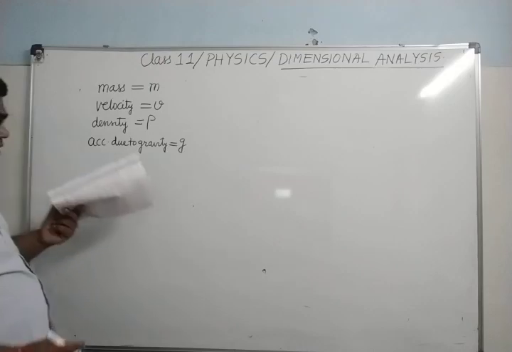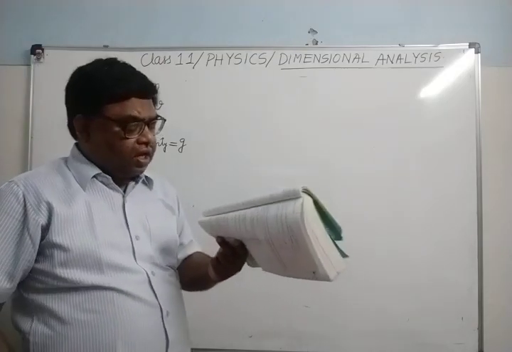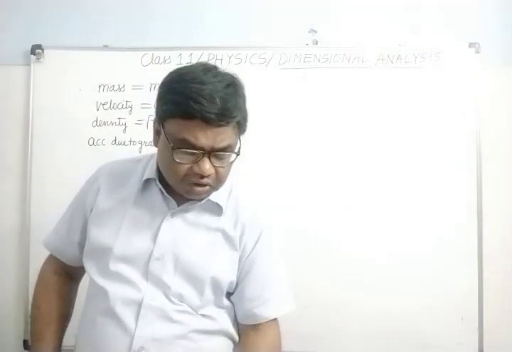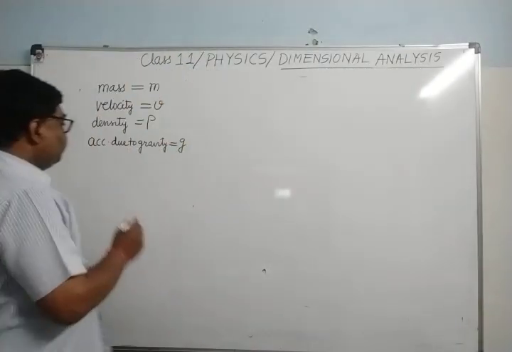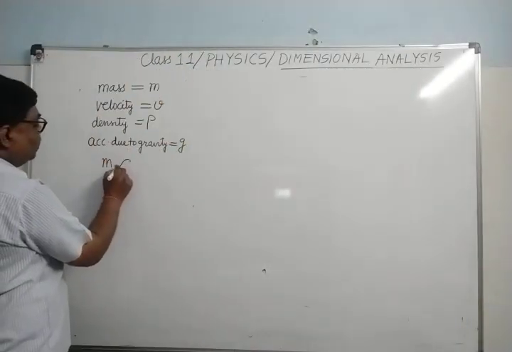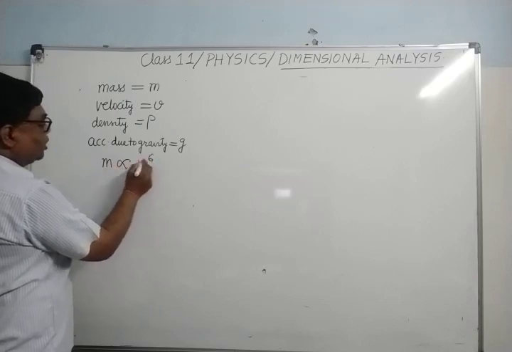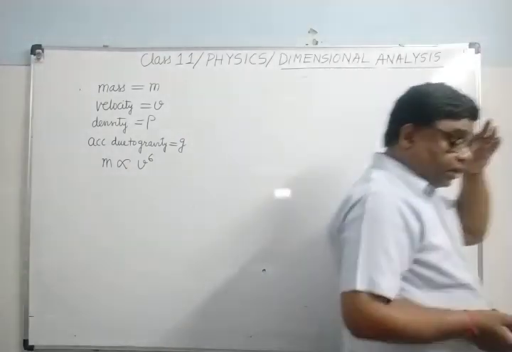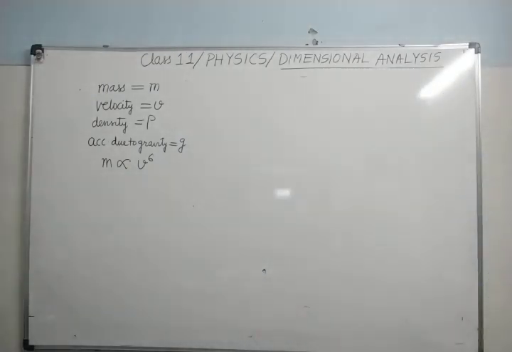So you have to show that m varies as the sixth power of the velocity of water in the river. Means we have to prove that m is directly proportional to v to the power 6, that you have to derive. It's clear? So see here.